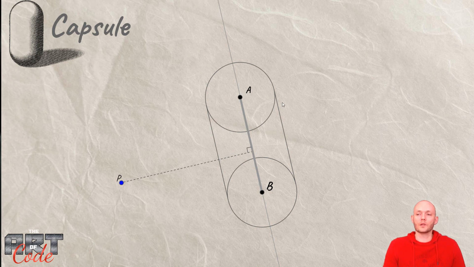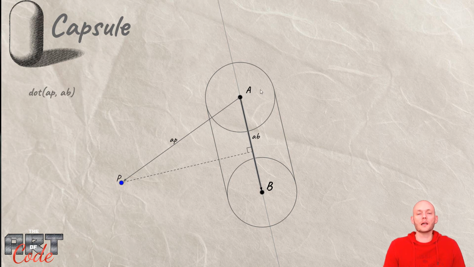So we've done this a few times before, getting the distance from a point to a line segment, but let's do it one more time. So we can make a vector from A to P, and another vector from A to B, and now we project this vector onto this other vector, and the way you project vectors onto each other is with a dot product.